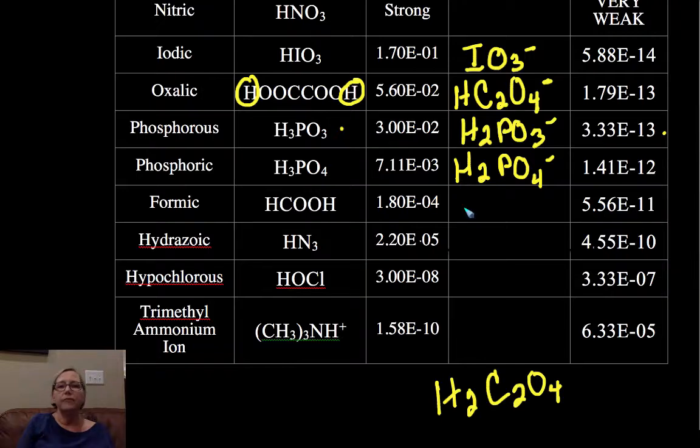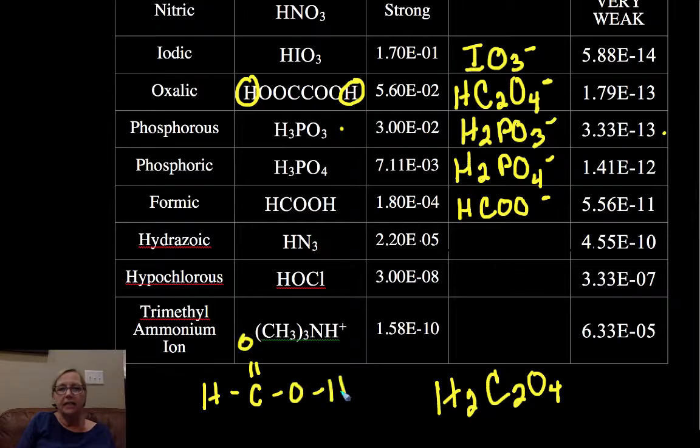Okay. Formic acid we saw already. The reason they draw it this way is to show you that organic acid group, that carboxylic acid group. This is not a typo, this is not supposed to be NH3, this is hydrazoic acid, and its conjugate is N3 minus, and then we have OCl minus.